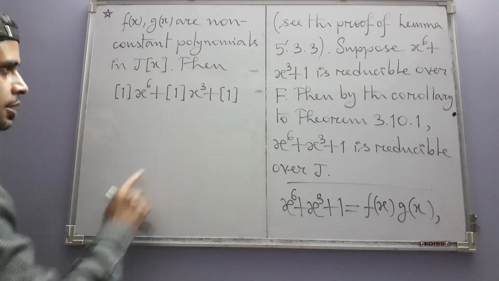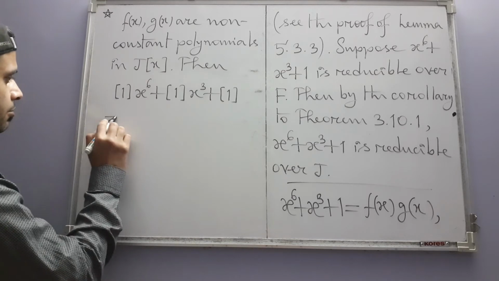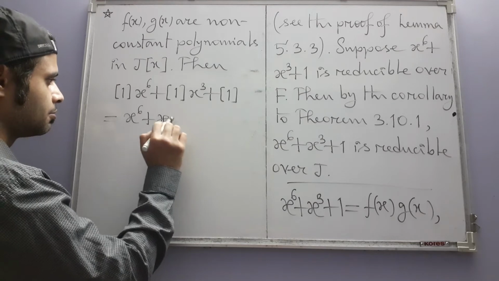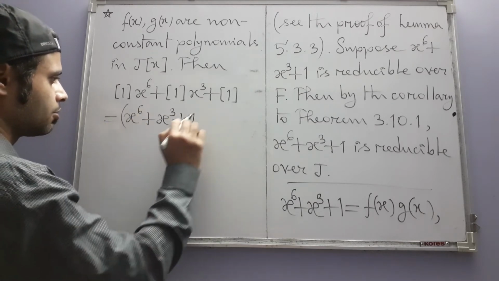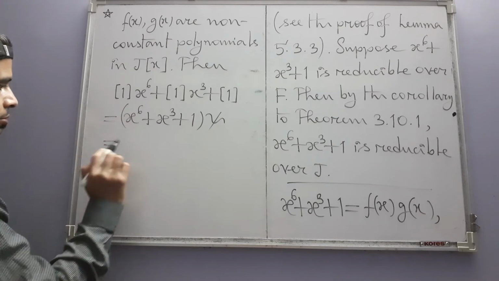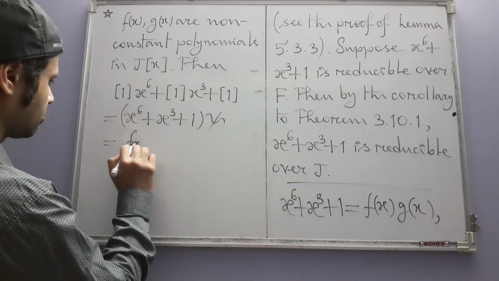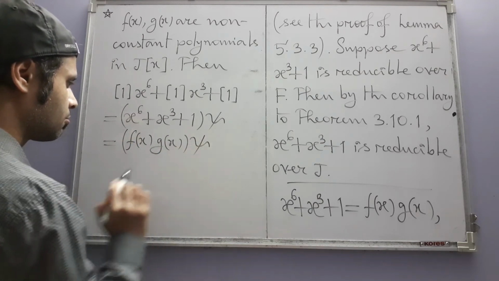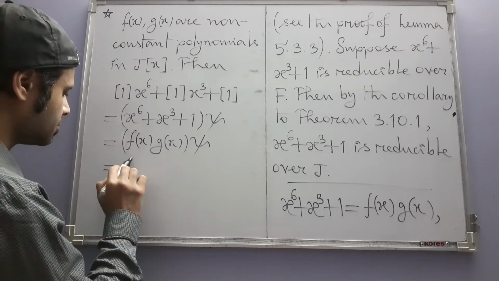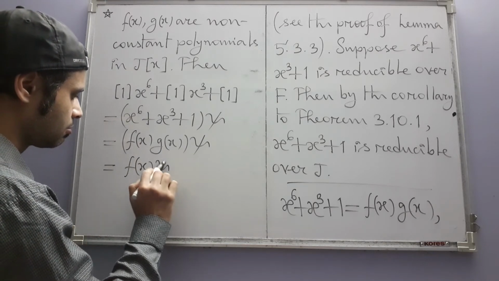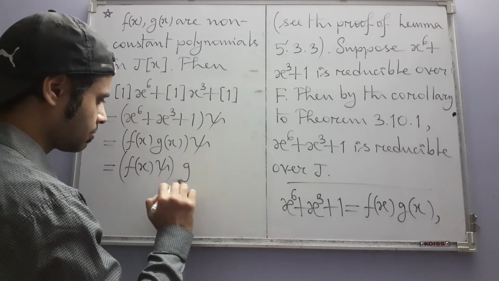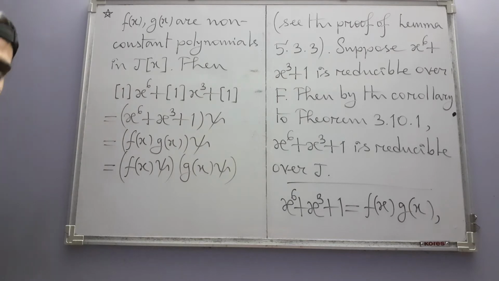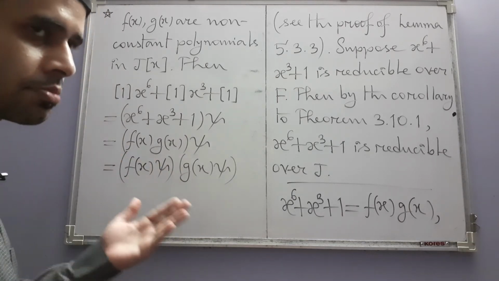Note that the coefficients now are coming from our J2. So by the definition of psi, it's nothing but the psi image of the original integer polynomial. Because psi is a homomorphism, it gets applied on both the factors individually, and then we take their product because psi respects multiplication.